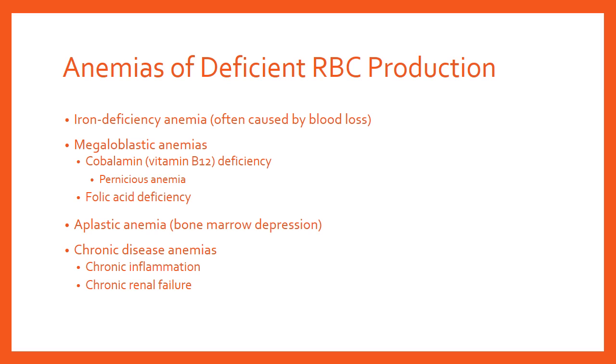Megaloblastic anemias are B12 anemia, another word for which is pernicious anemia, and folic acid deficiency. Alcoholics are notorious for developing B12 anemia because of impaired absorption of B12. Also, people with impaired GI production of intrinsic factor may have B12 deficiency.